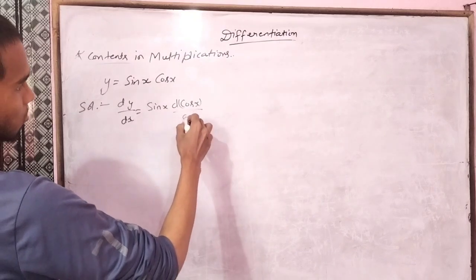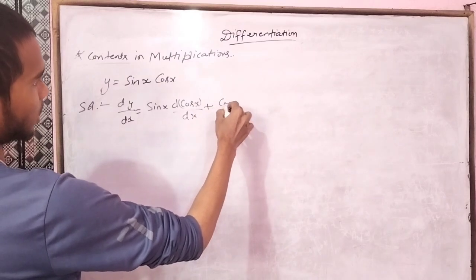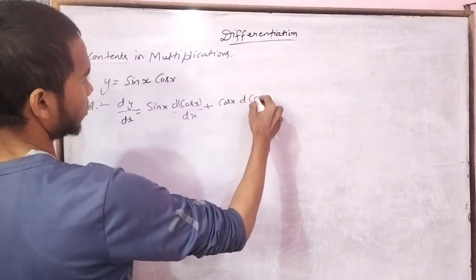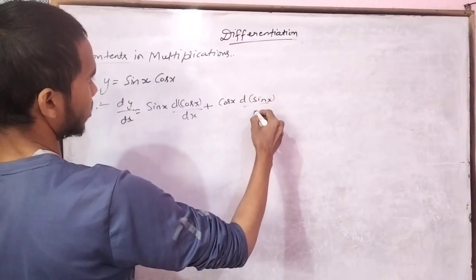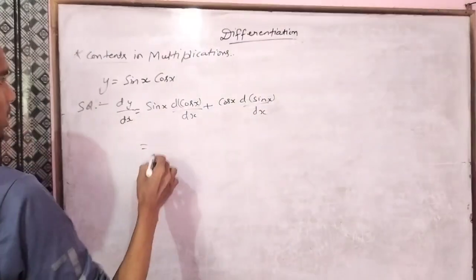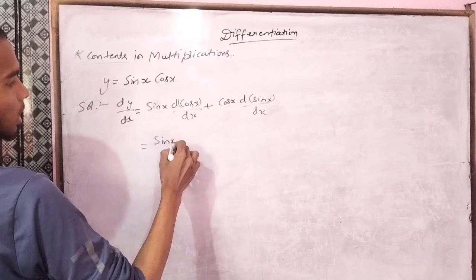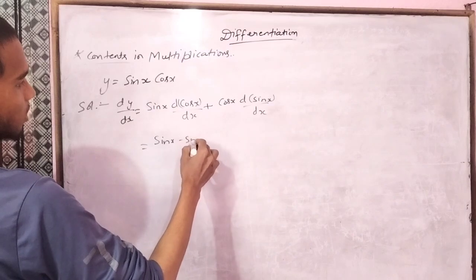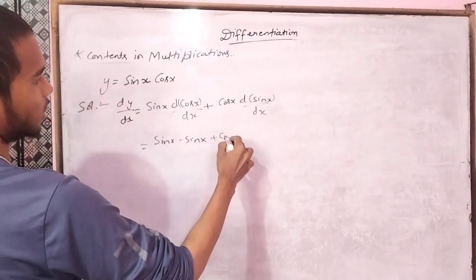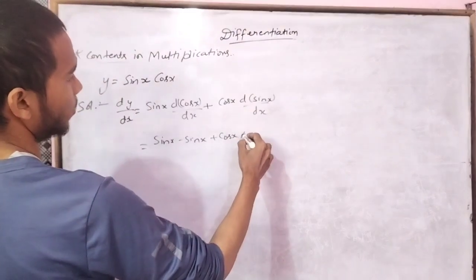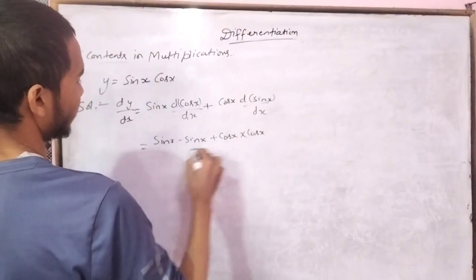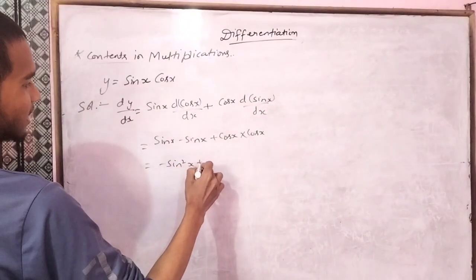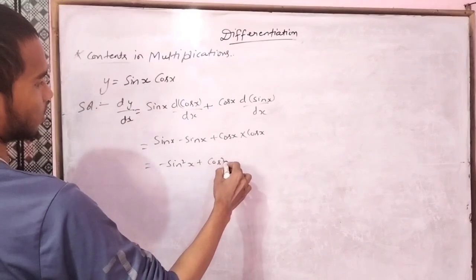Then cos x will be differentiated, then the second variable will be written as it is. The sin x as it is, because it is not in differentiation. The differentiation of cos x would be minus sin x. Then cos x as it is. Now minus sin square x and then cos square x.